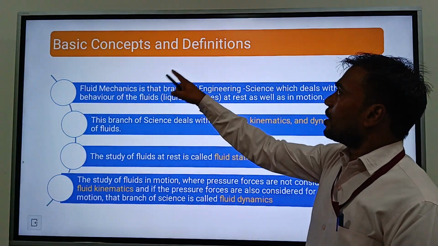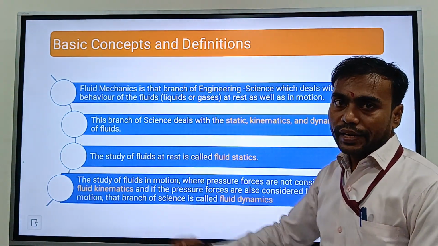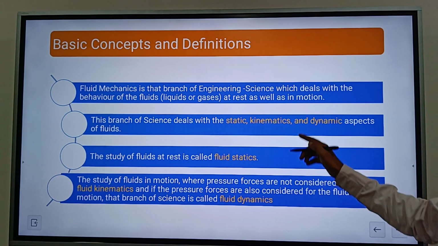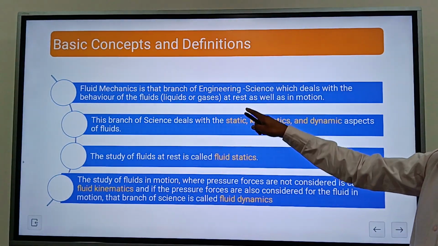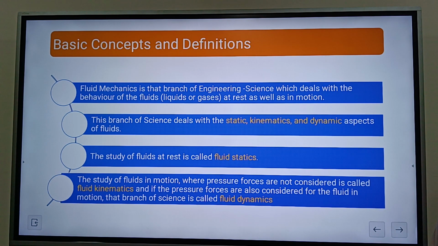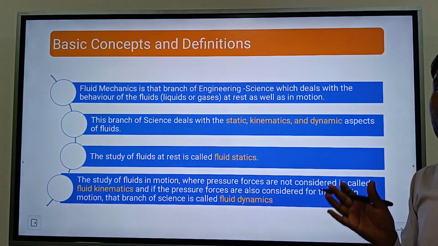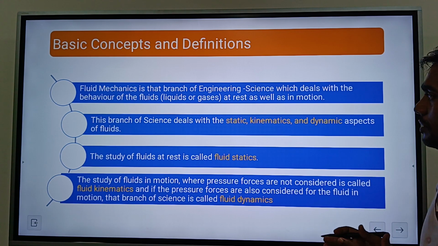Now, basic concepts and definitions. First of all, we will define fluid mechanics. Fluid mechanics is that branch of engineering science which deals with the behavior of fluids at rest as well as in motion.